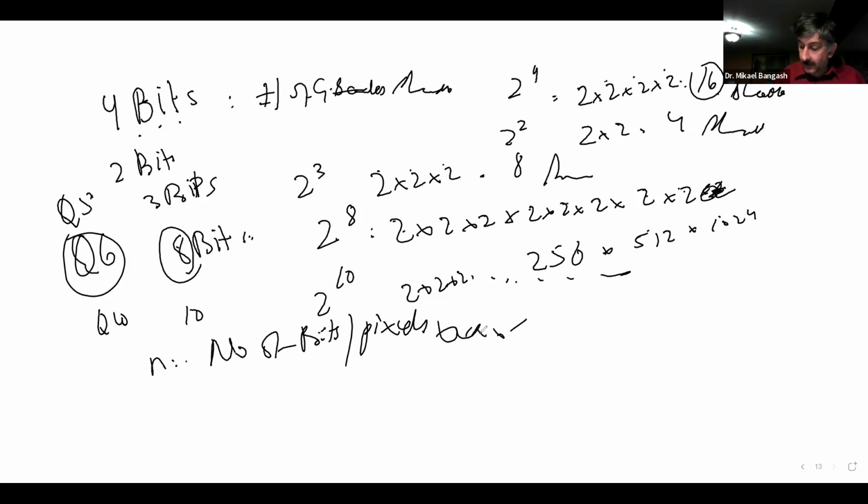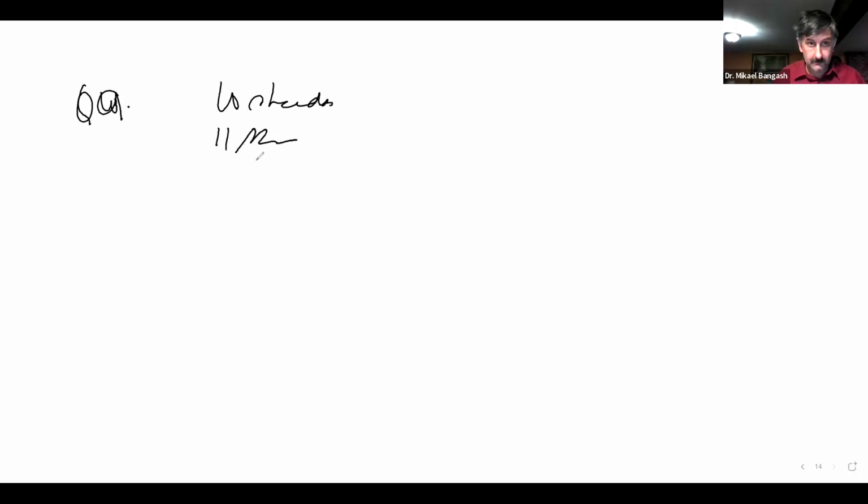Now, question number 9. Sorry. What they ask us here is: how many bits are needed to store things such as 10 shades, 11 shades, and 15 shades?